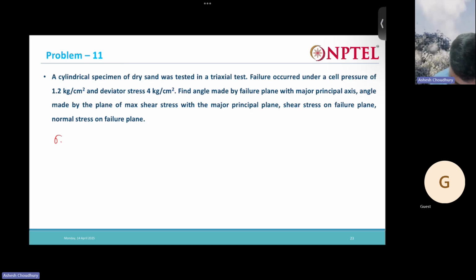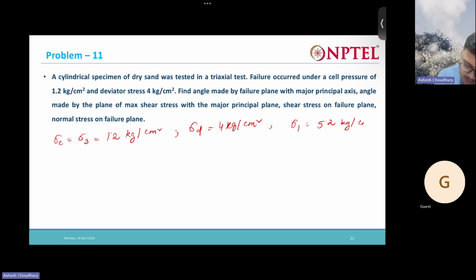Cell pressure is the minor principal stress, nothing but 1.2 kg per centimeter square. Deviator stress is given as 4 kg per centimeter square, and my sigma 1 is nothing but sigma d plus sigma 3, which is 5.2 kg per centimeter square.